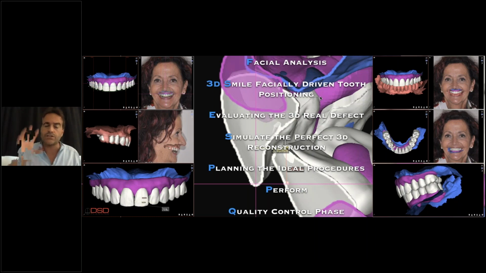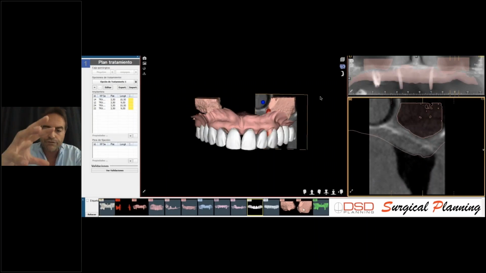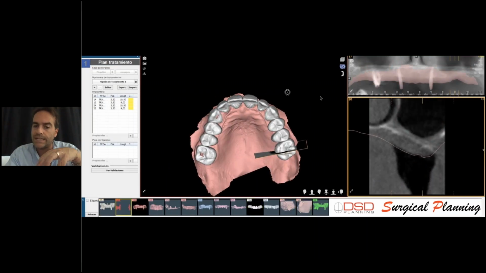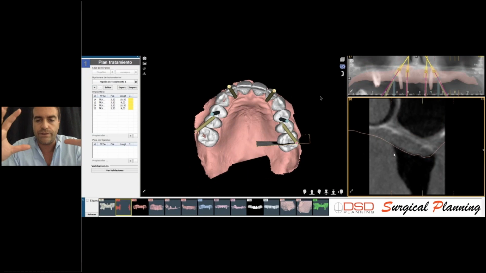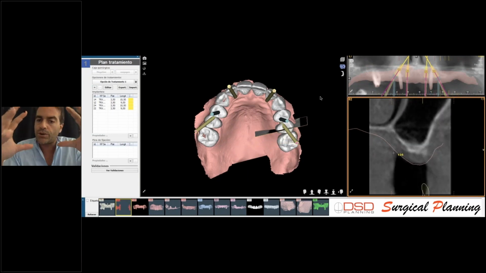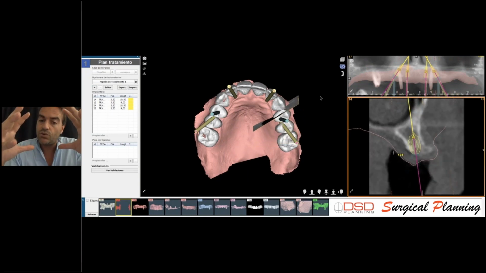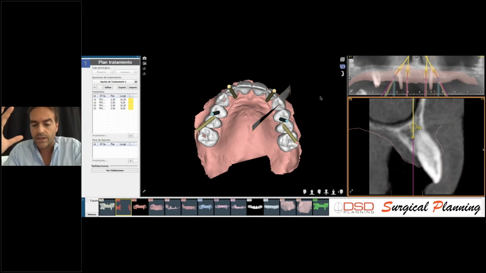In these big cases, we always have the face of the patient in front of us, bringing the evaluation of the digital smile design from 2D to 3D, planning the ideal procedure, simulating the perfect 3D reconstruction, and merging this information together with the CBCT analysis. For sure, we have these opportunities. These opportunities are here to help us and are here to stay.